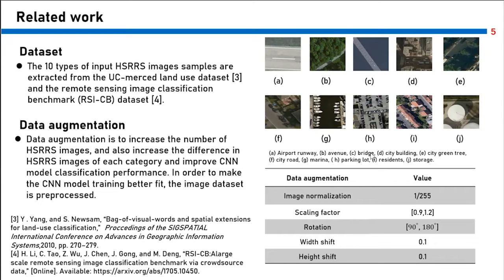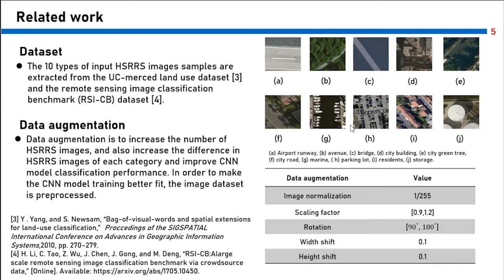There are 10 types of remote sensing images: airport runway, avenue, bridge, city building, city greenery, city road, marina, parking lot, residence, and storage. At the same time, data augmentation is used to increase the number of HSRS images, increase the difference in HSRS images of each category, and improve CNN model classification performance.